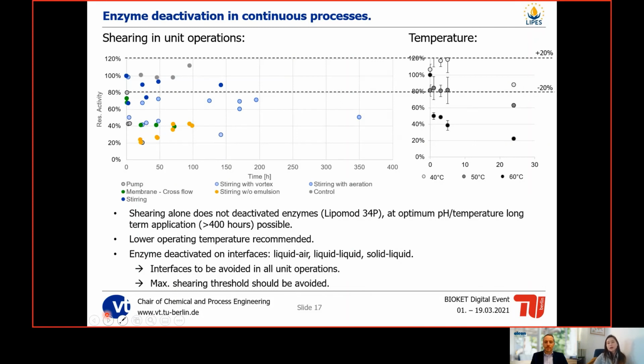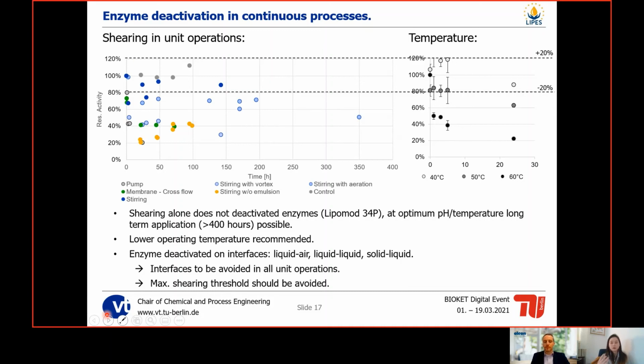So as a conclusion, if an enzyme has to be considered for continuous processes, this can be done because shearing alone does not really produce the deactivation of the enzyme, at least for the Lipomod 34P that we are testing. It's mostly because the deactivation happens if we have interfaces in the unit operation.